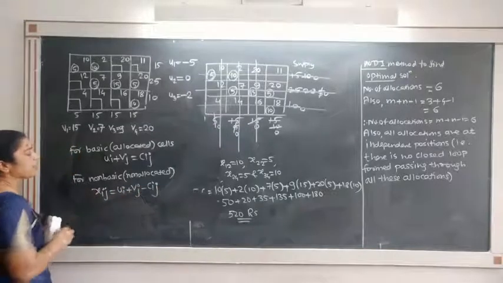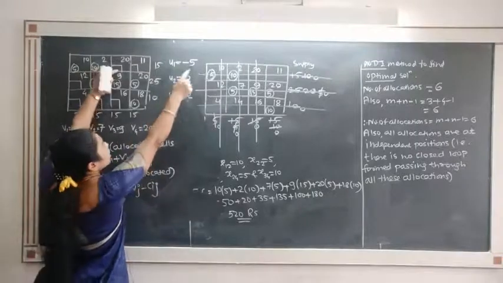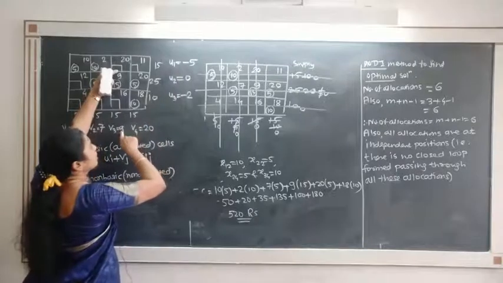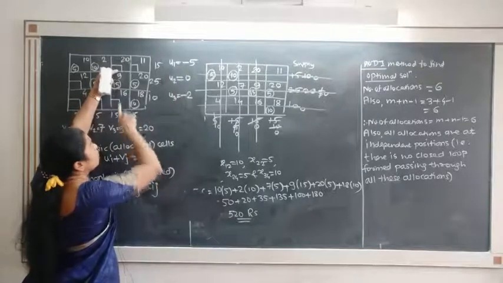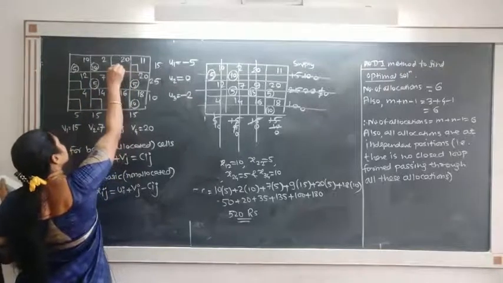So using this we find all Xij. So this value is equal to minus 5 plus 9, that is 4, 4 minus 20, that is minus 16.